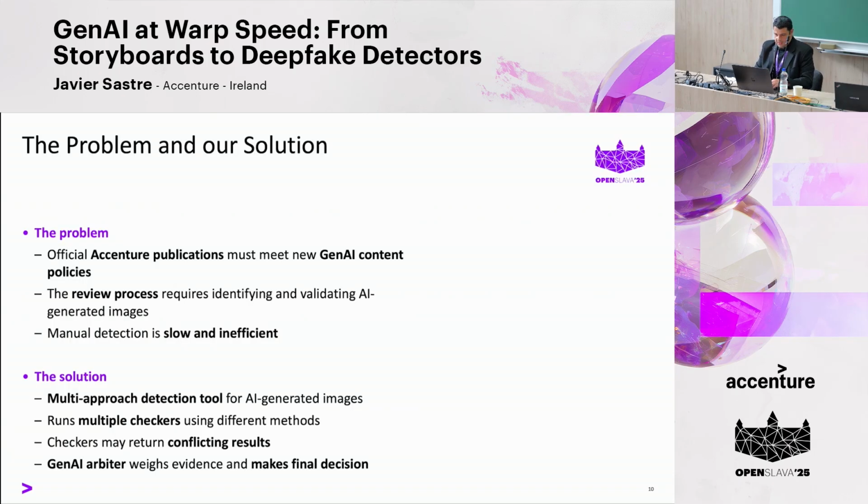Okay. So the problem here came from Accenture marketing operations. Due to these new technologies in generative AI, there was the risk that there could be a bad use of generated images in official Accenture publications, and because of that, new policies were enforced, and a new way of reviewing these publications before actually making them public.